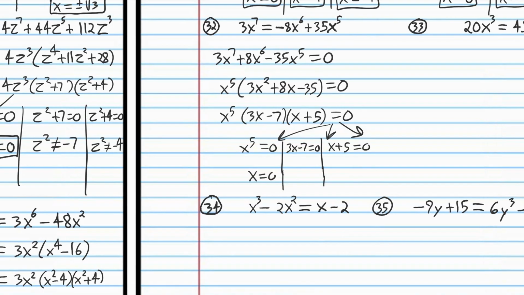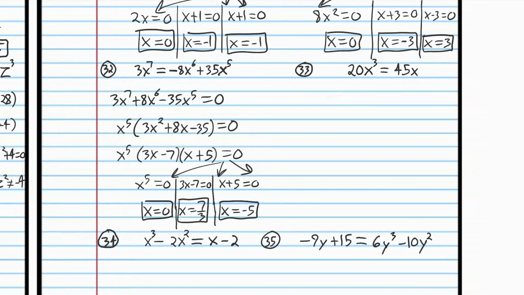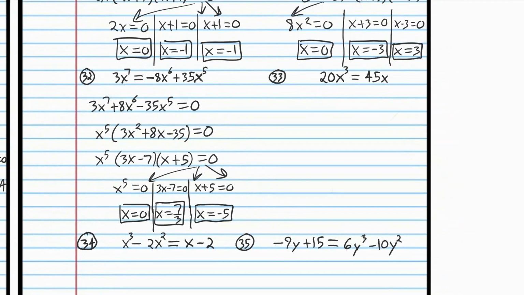X equals 0. X equals 7/3. X equals negative 5. And there you go. So if you got those answers, good job.